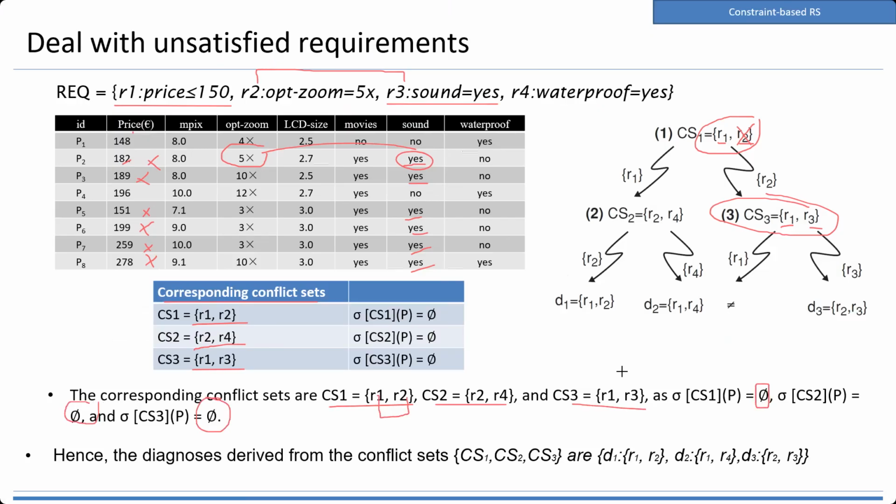In this case, the diagnosis D is derived from the conflict sets CS1, CS2, CS3. So the D is R1, R2, R1, R4, and R2.